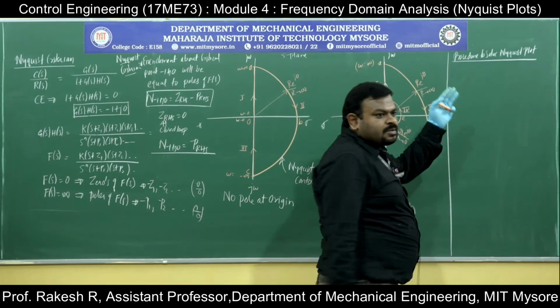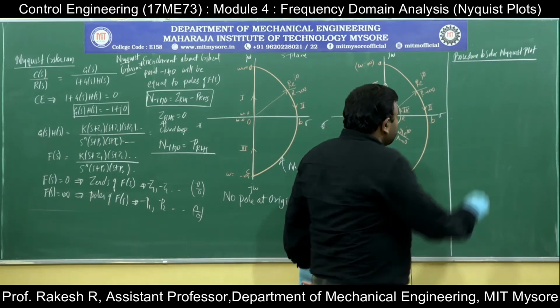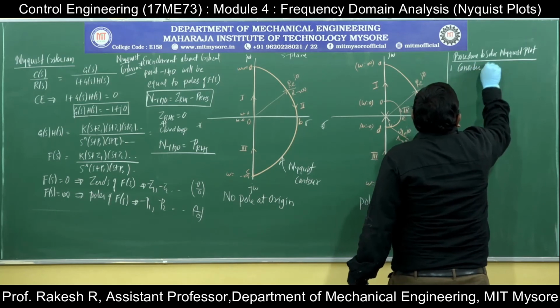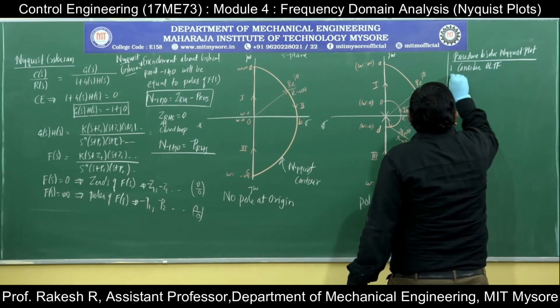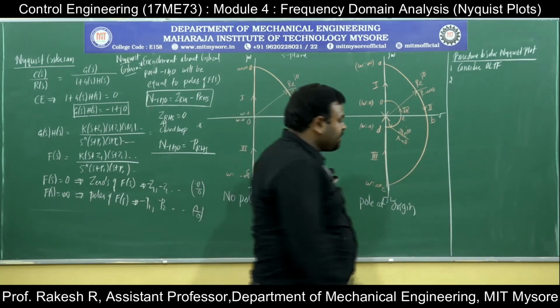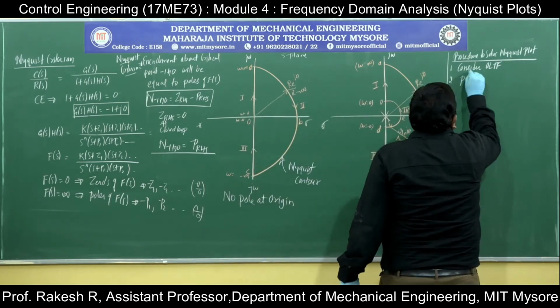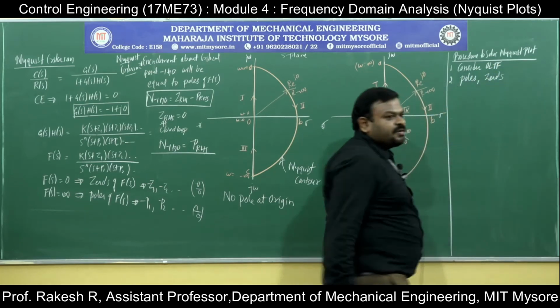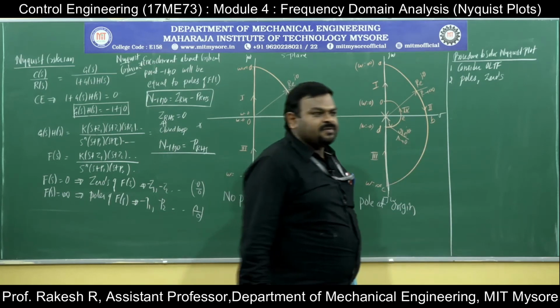Let us see the procedure to solve a Nyquist plot. As usual, the first thing is you have to consider the open loop transfer function. After considering the open loop transfer function, find out the poles and zeros. So you have to find out f of s.